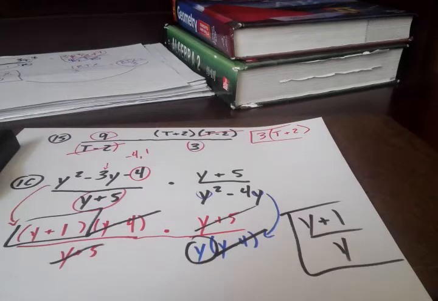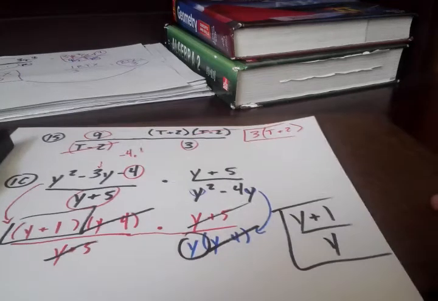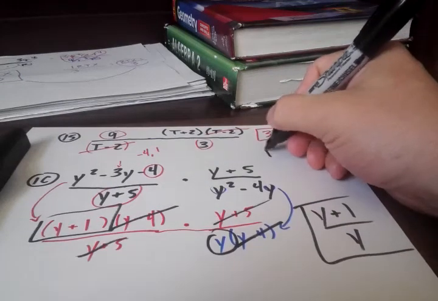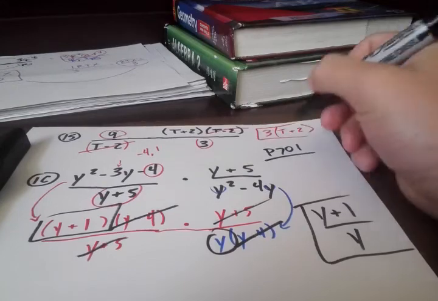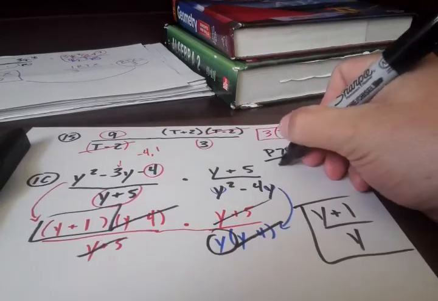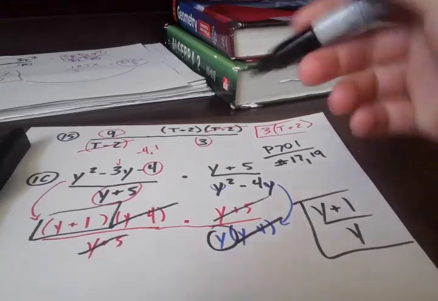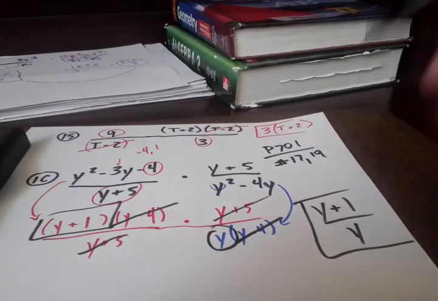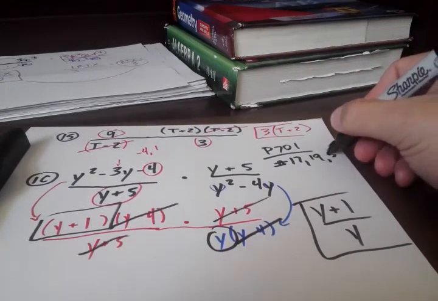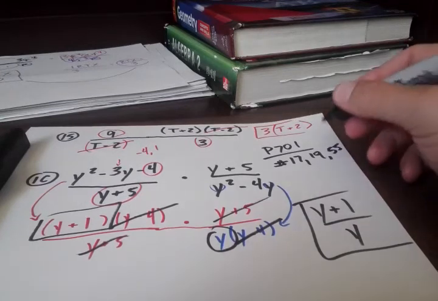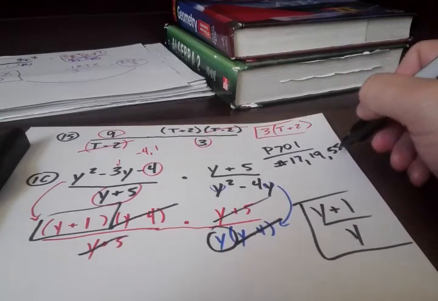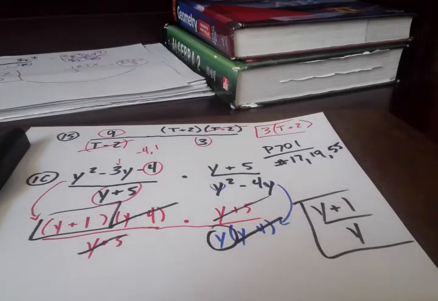All right, guys. I want you to try a couple of problems for me. Go to page 701. All right. I want you to try number 17, number 19, which should look similar to what we've practiced. And then listen, I want you to try this one. It's on the next page even further than that. It's number 55, and listen closely.